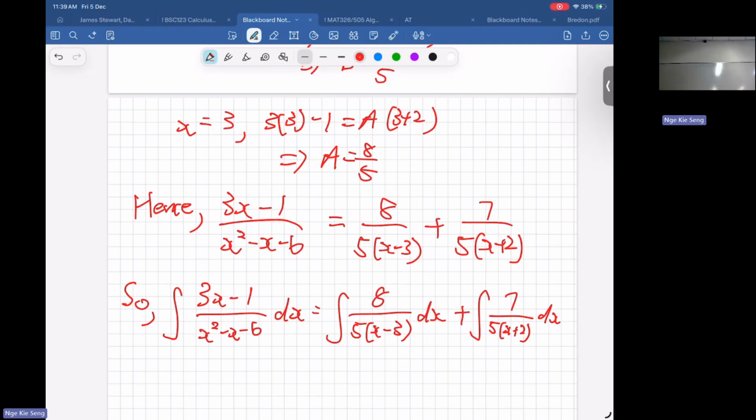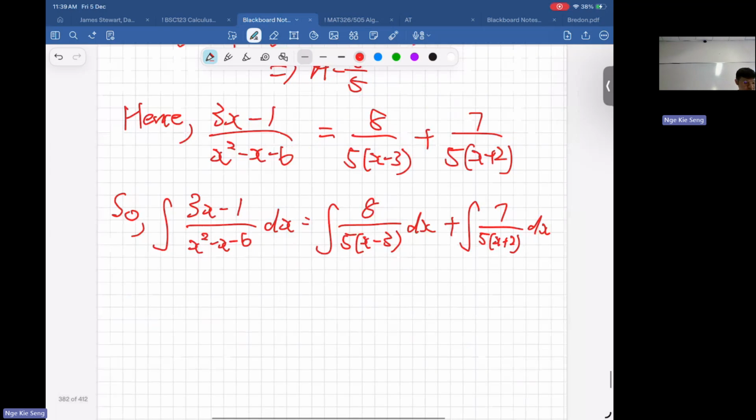Do you know how to do this? Yes, ln of x minus 3. How to do that? Substitution. Okay, substitute u equal to x minus 3. Does it make sense?